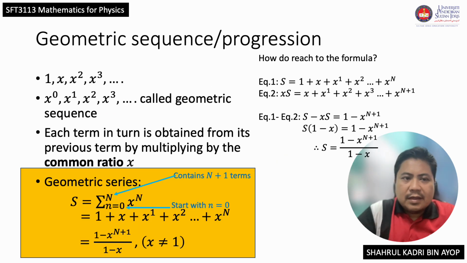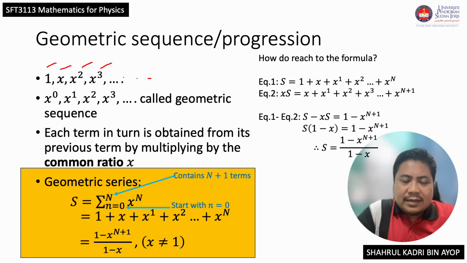Okay, next. We can have another special sequence. We call it a geometric sequence. Here we have 1, x, x squared, x cubed, and it continues. So 1 is also equal to x to the power of 0, because anything to the power of 0 is equal to 1.